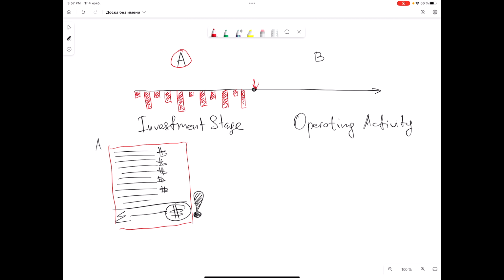The next stage is quite a tricky one. It is operating activity stage. So if you look at the first month of operating activity of your business, you will be able to see that you may face the period when your expenses are higher than your revenues, and you may face the situation like this.